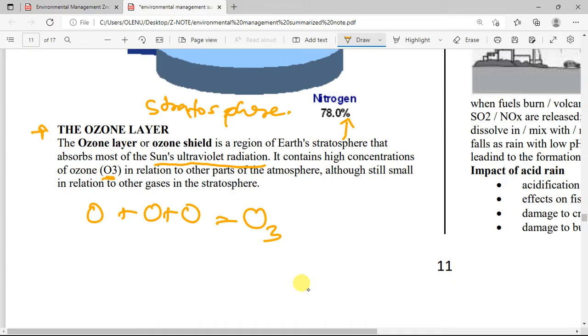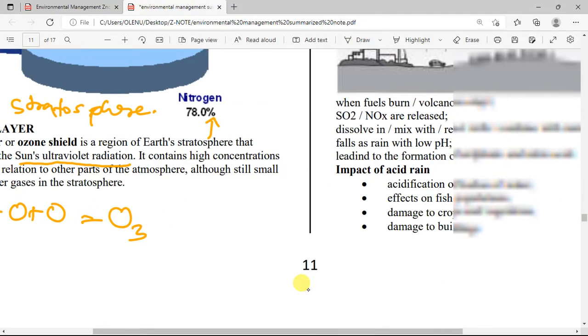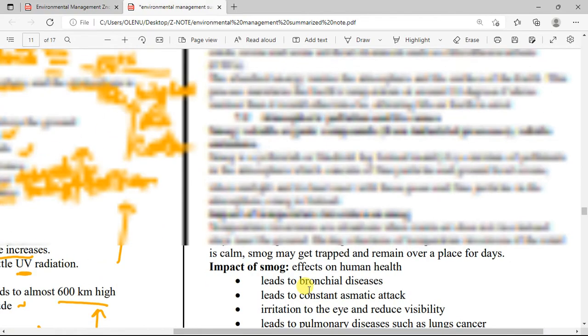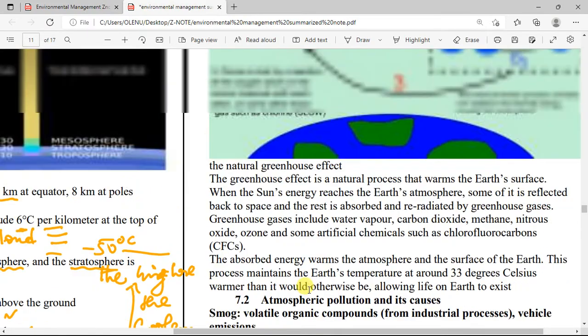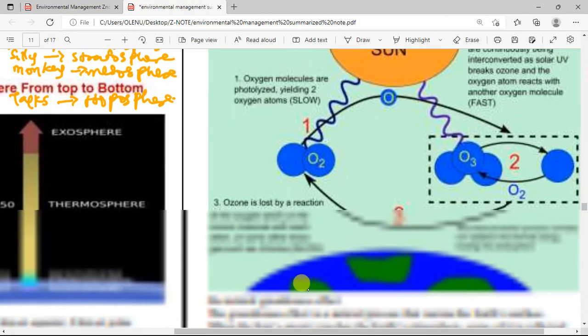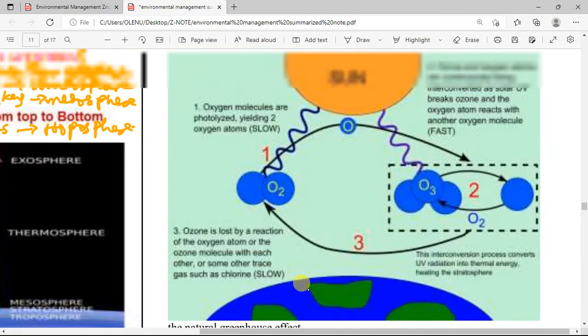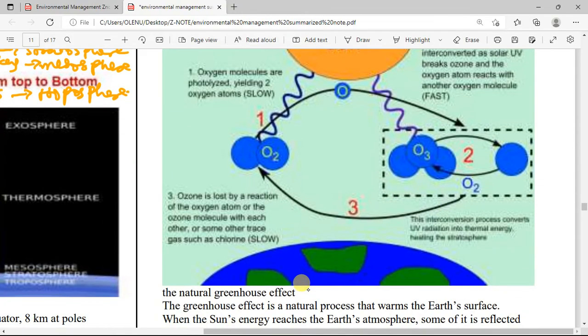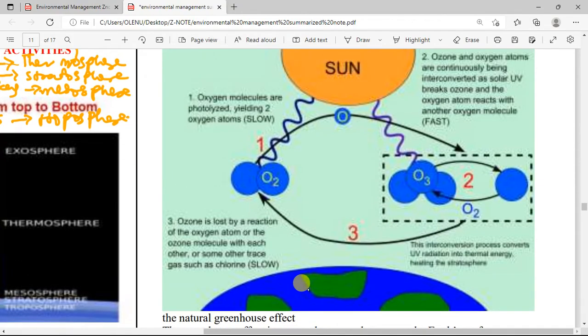Although still small in relation to other gases found within the atmosphere. So quickly, let's look at other aspects related to this topic. First, let's look at the greenhouse gas effect, and this is the ozone layer.